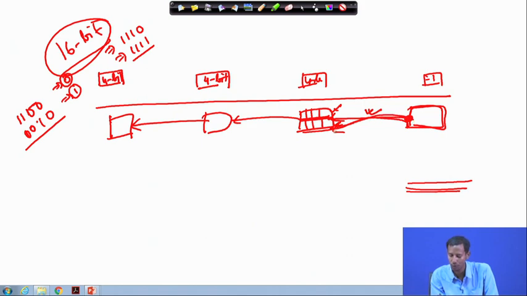If this bit is 1, I will select 1 1 1 1 over here. If this bit is 0, I will go with 1 1 1 0 for this case.